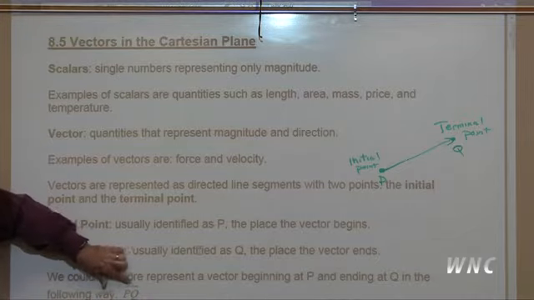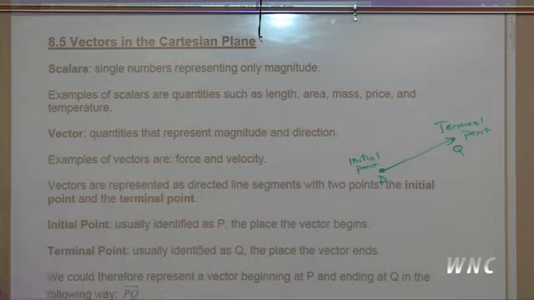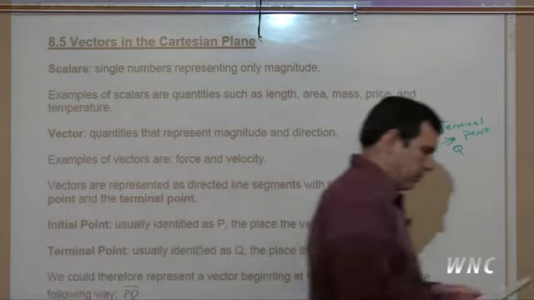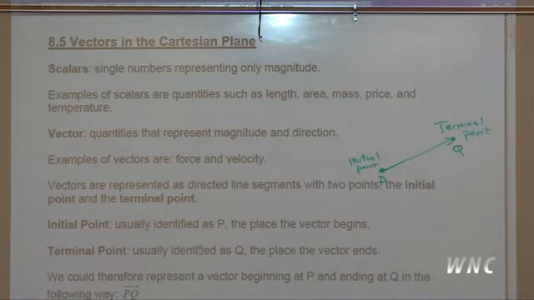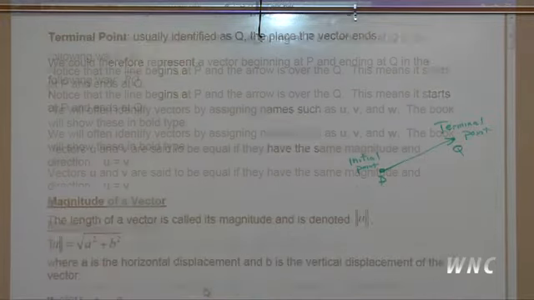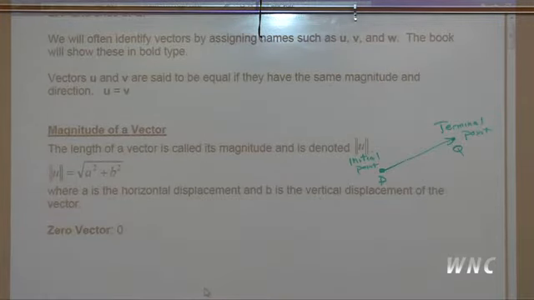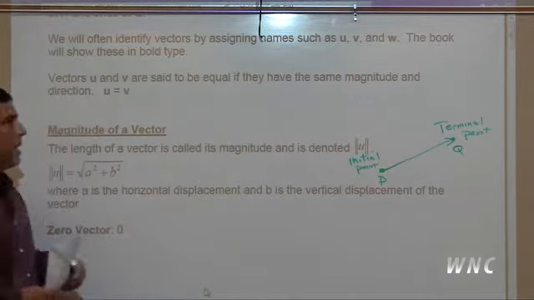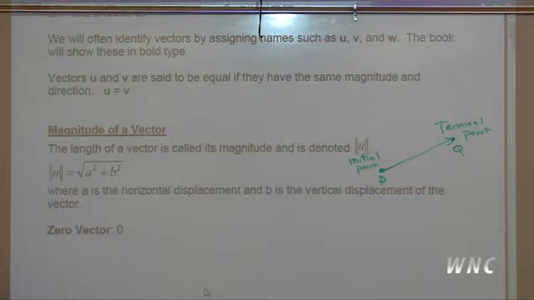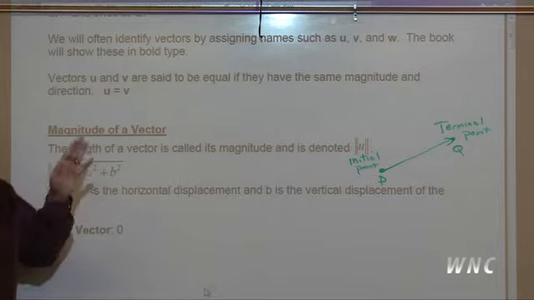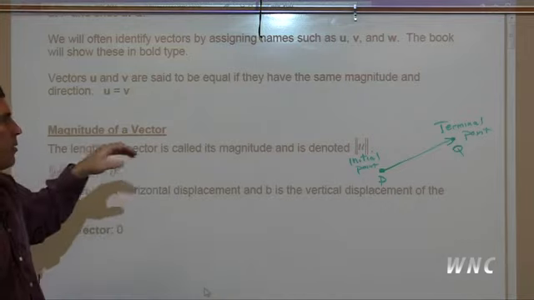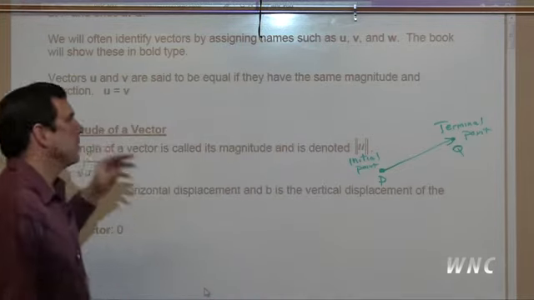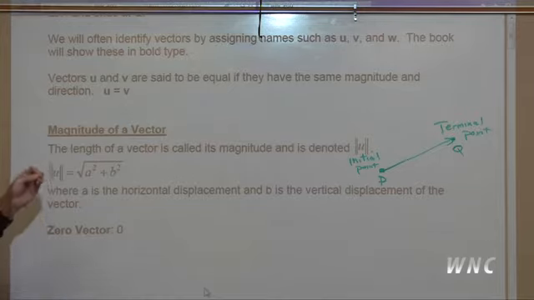The arrow over the Q means Q is the terminal point, so it starts at P and ends at Q. We'll often identify vectors by assigning names such as U, V, and W. The book will show these in bold type. It's hard to show that when handwriting, but in the book these will have a bolder look than the regular text.